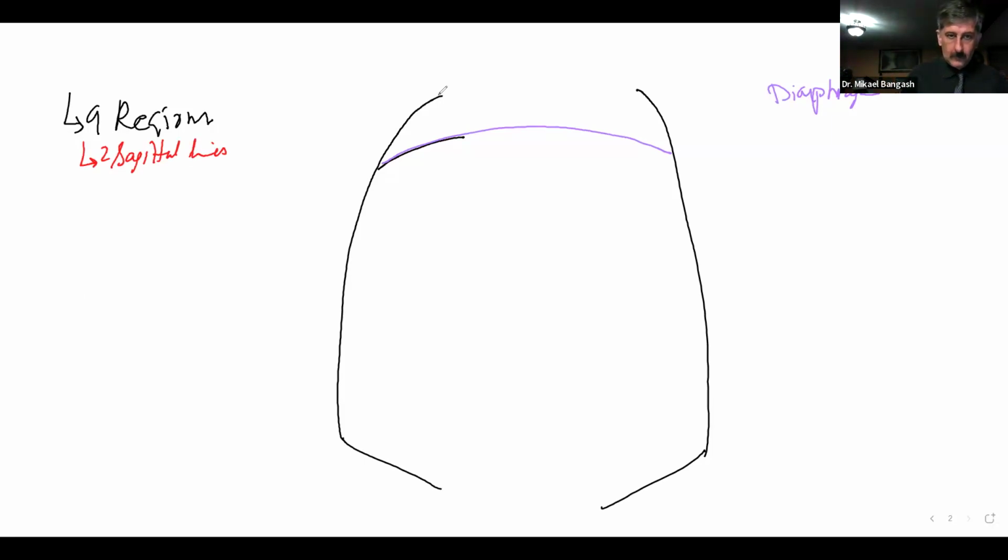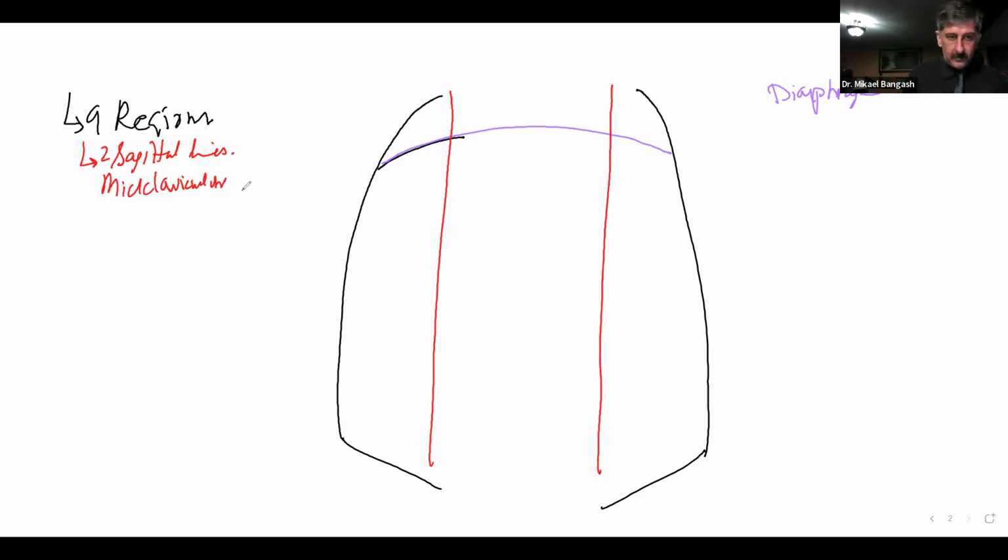These are not going to be mid-sagittal, because mid-sagittal would have been right in the middle. But mainly it's along what we call the midclavicular plane. So these lines are going to be referred to as the midclavicular lines. But they run sagittal from top to bottom.